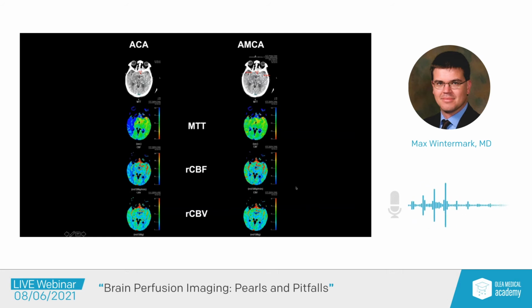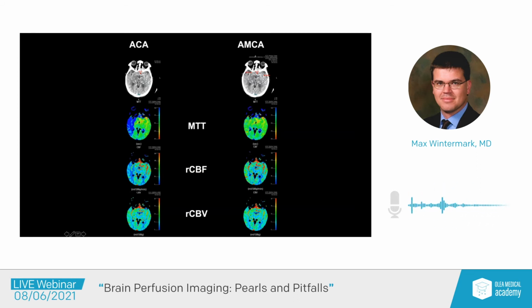You can see now that the mean transit time is perfectly symmetrical. The CBV is completely unchanged because, again, the delay correction and the selection of the arterial input function affect the temporal parameters, whereas the CBV is calculated using the venous output function. And you can see that the CBF, which is again calculated as the CBV divided by the MTT, is back to normal.